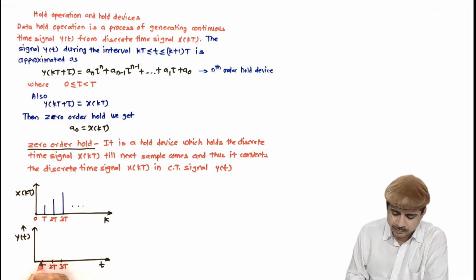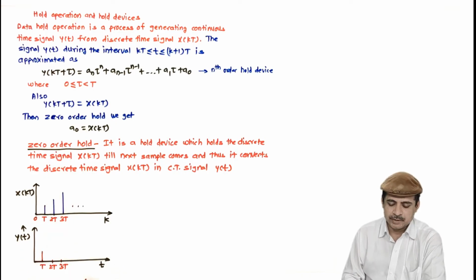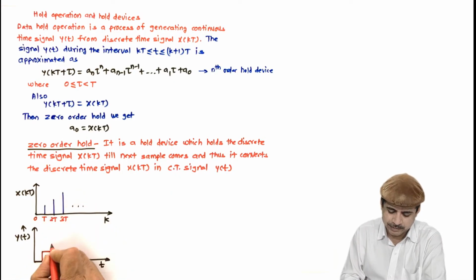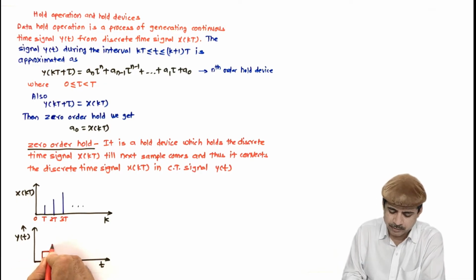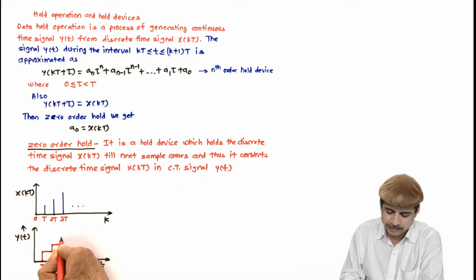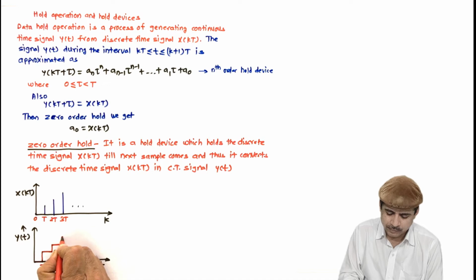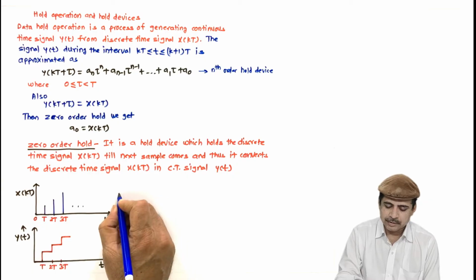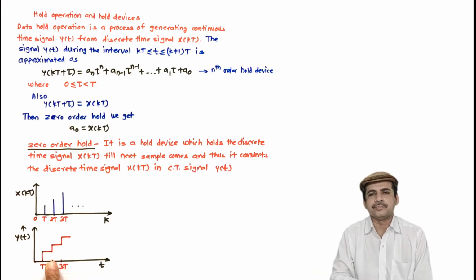Till the next sample comes, it will hold the same value. Then at t equal to capital T, this is the signal here, and the same signal will be held till the next sample comes. At the next sample, here is the amplitude, so it will move to that point and hold the same till the next sample comes, and at the next sample this is the amplitude. So again it will hold till the next sample comes. This one is the input to the zero order hold, and this is the output of the zero order hold.